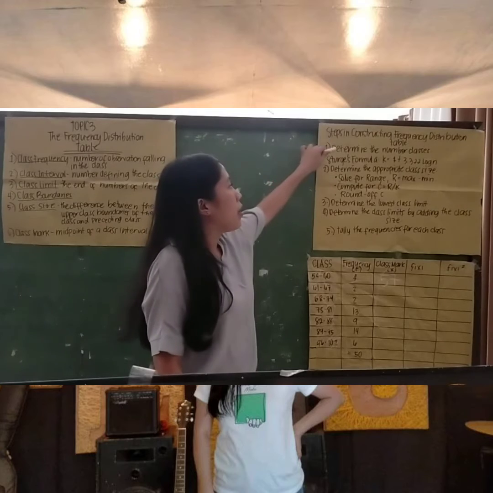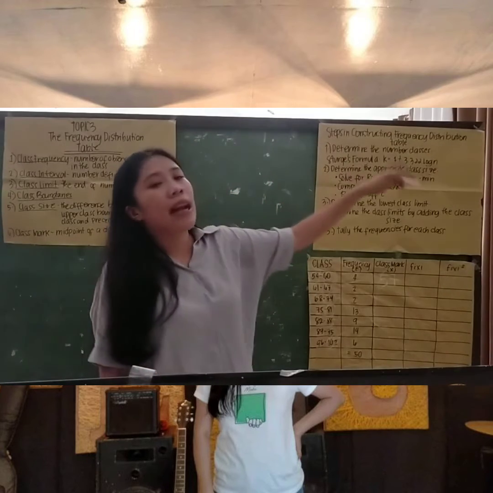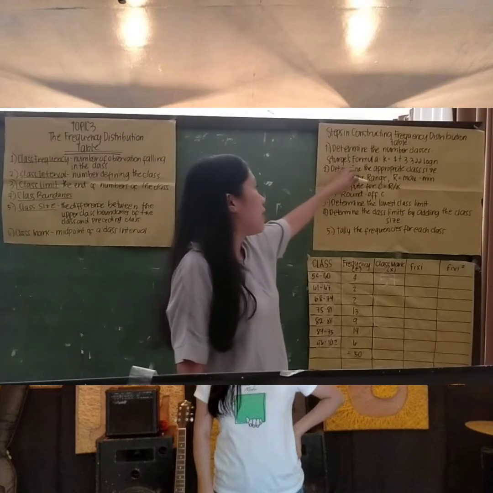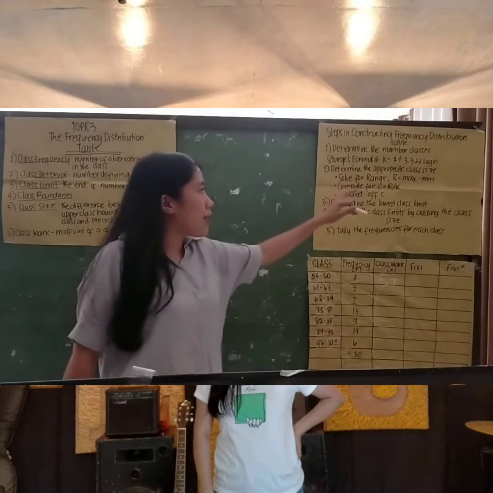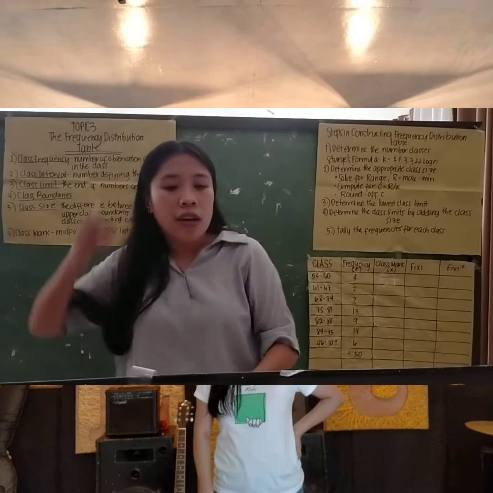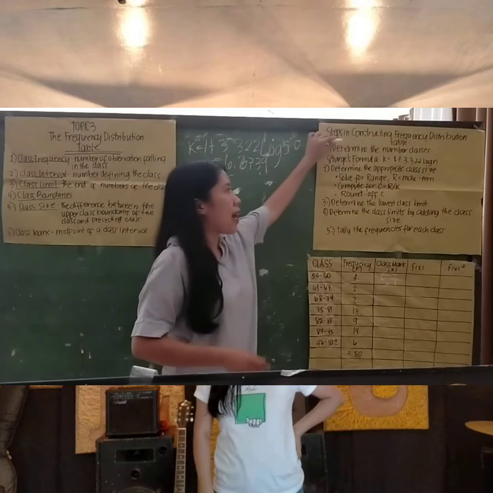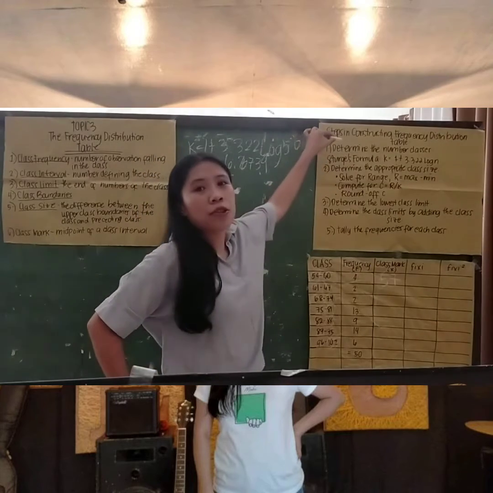The first one is to determine the number of classes. We will use Sturges' formula, K equals 1 plus 3.322 log N. Since we are looking for K, let's go to our steps in constructing the frequency distribution table.